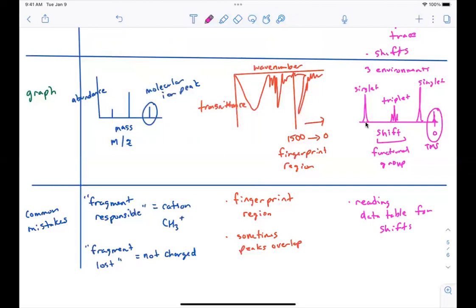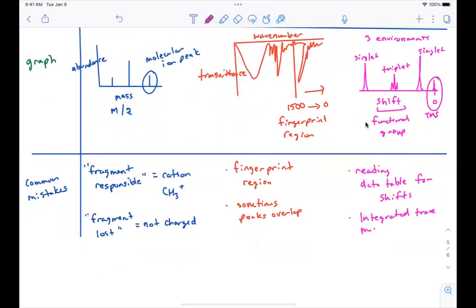And then the integrated trace measurement. So you are given a ruler in case you run into this scenario where they give you the integrated trace, and then you have to measure the lengths of each of these.